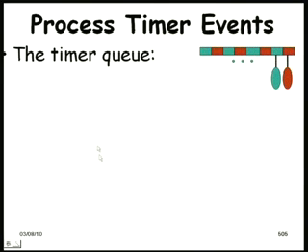In the processing timer event, we had said that the timers are arranged in a queue and each timer is associated with a handler routine, and after the timer expires, the handler routine is queued.